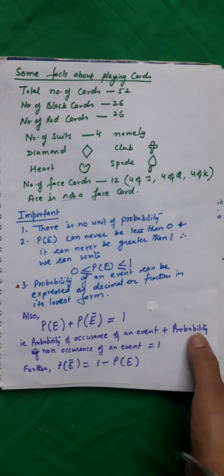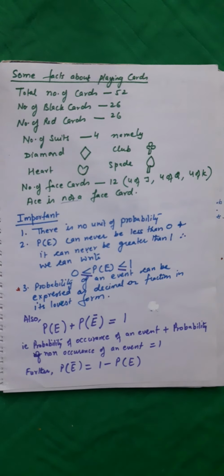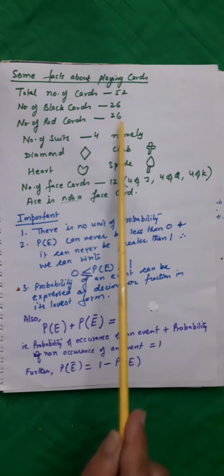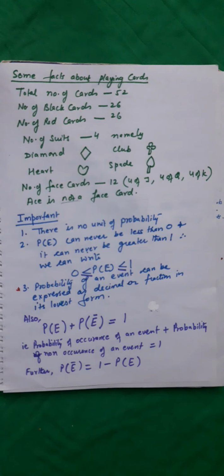Next, some facts about playing cards. The total number of playing cards is 52. The number of black cards is 26. The number of red cards is 26. The number of suits is 4, namely diamond, heart, club and spade.